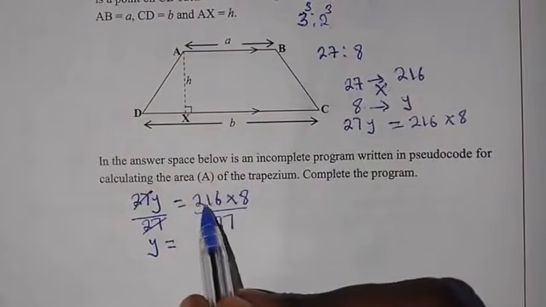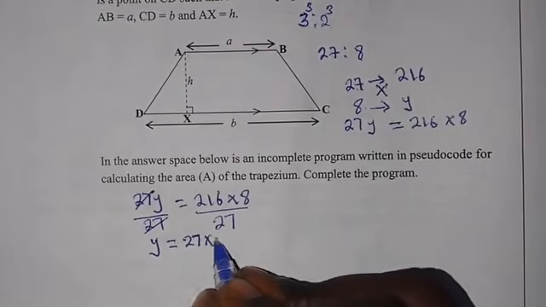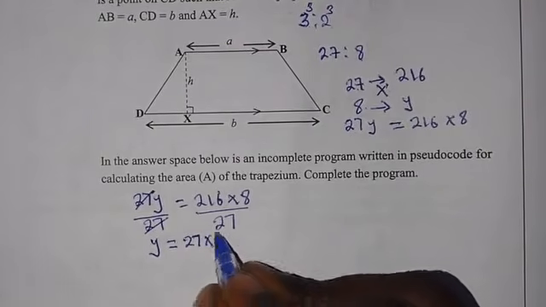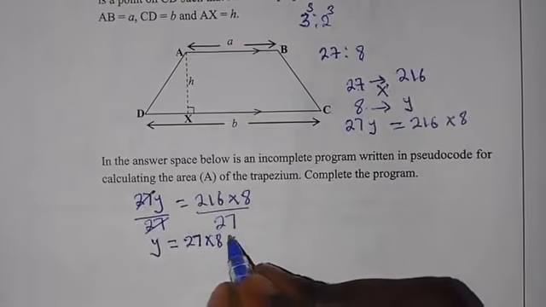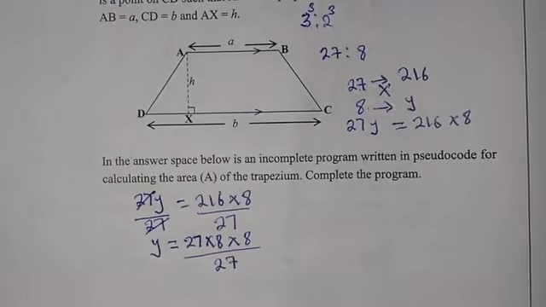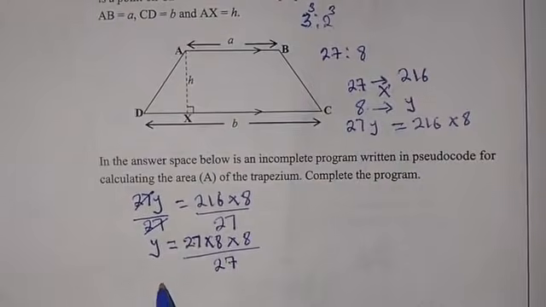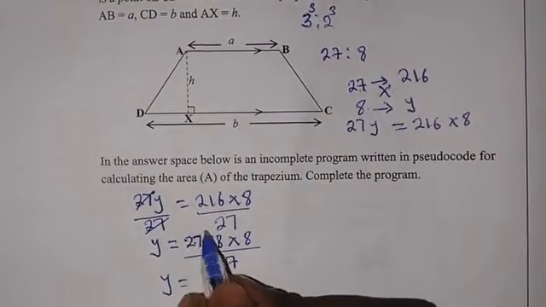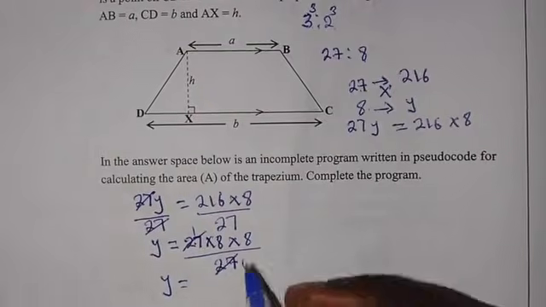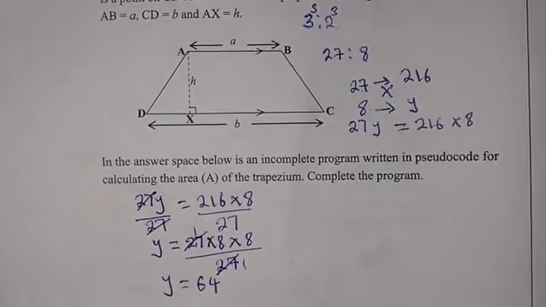So you can write this one as 27 times 8. 27 times 8 gives us 216. Then times 8 again over 27. The reason for doing this is for me to cancel this and this. So I'll say y equal to here 1, here 1. So I'll just remain with 8 times 8, which will be 64.